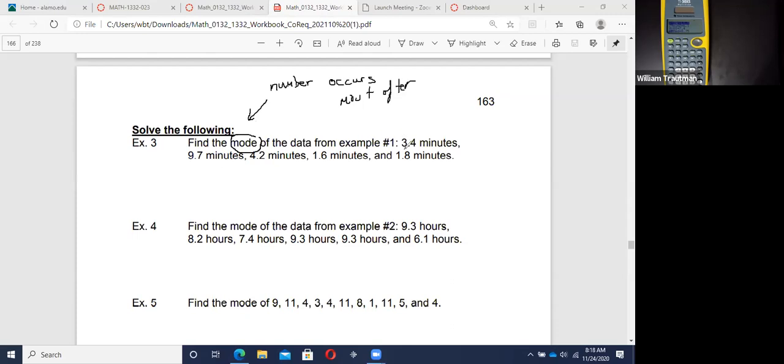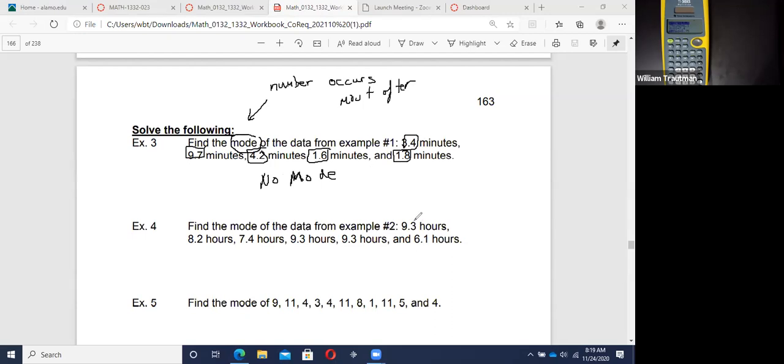And here we have 3.4, 9.7, 4.2, 1.6, and 1.8. Does any number occur more than once? No, there's no number that occurs more than the other. So there's no mode here.